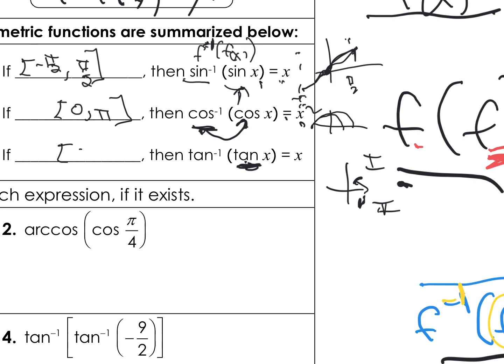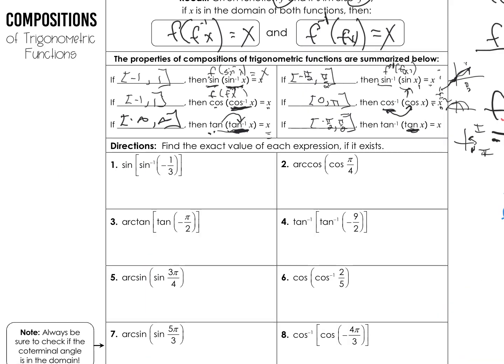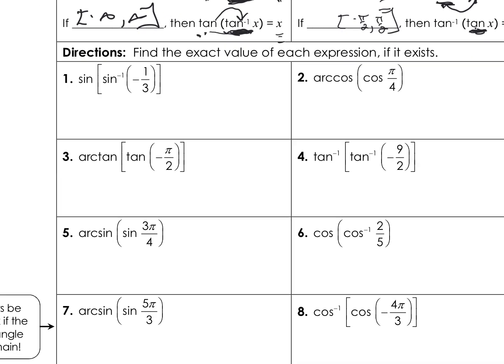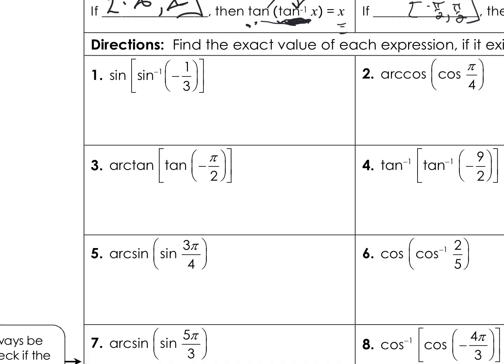So that also went from negative pi over 2 to pi over 2. Okay? Those are just properties. Most of the time, you forget what that was all about. The proof in the pudding is using this.